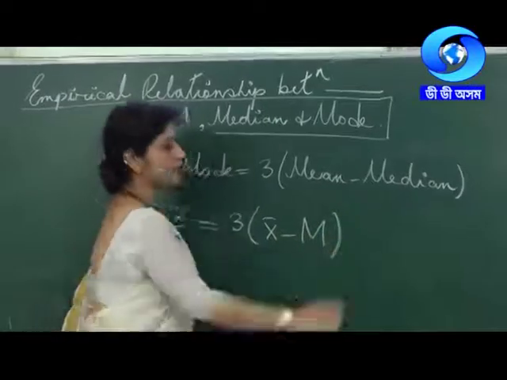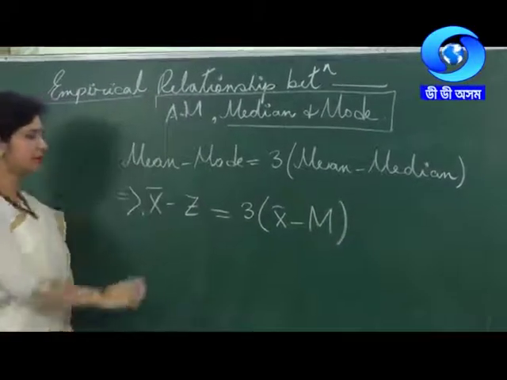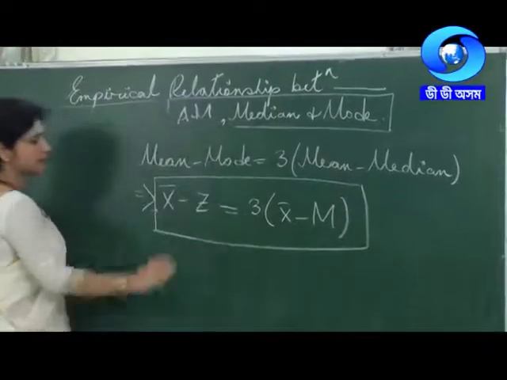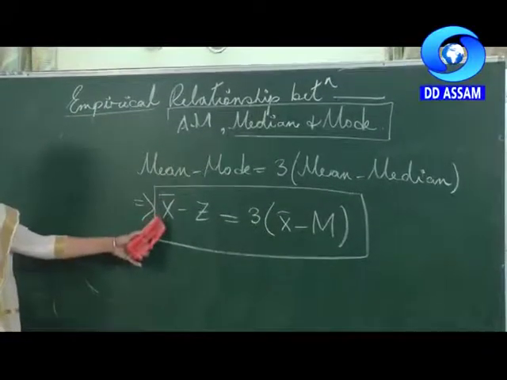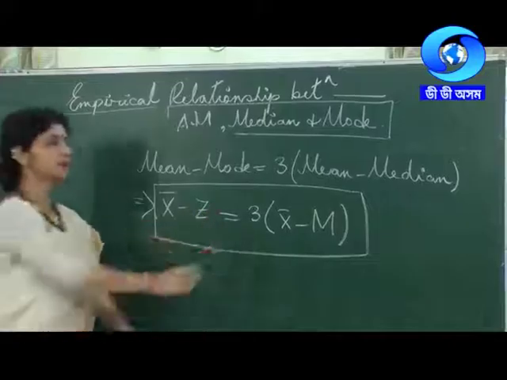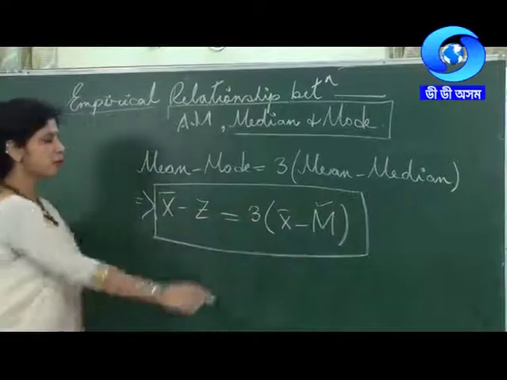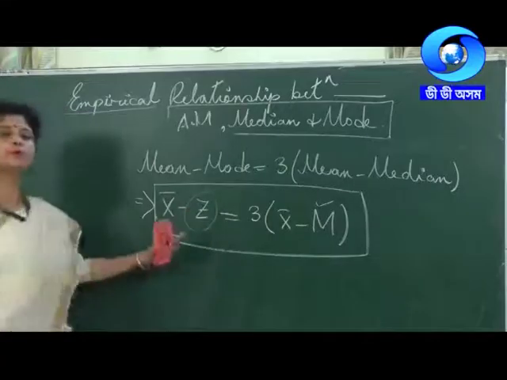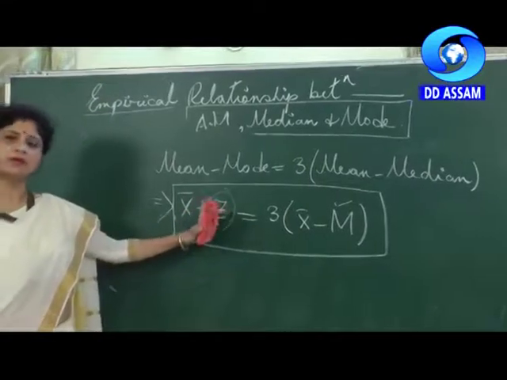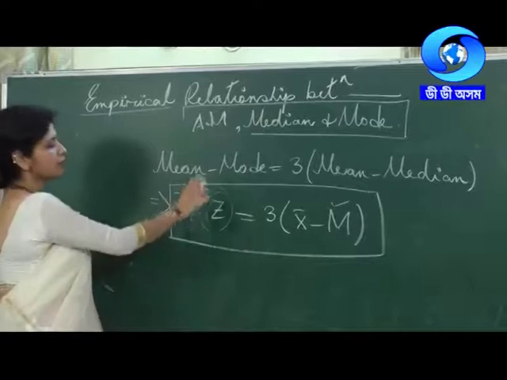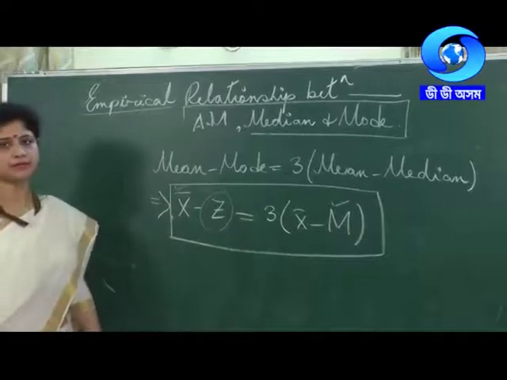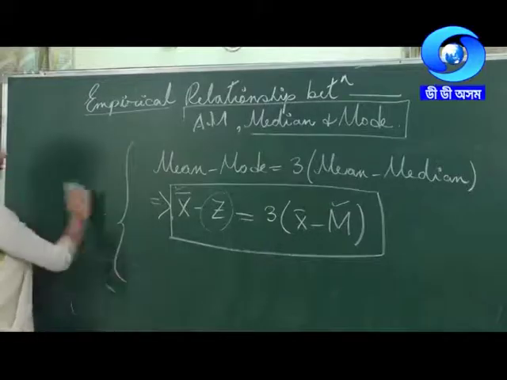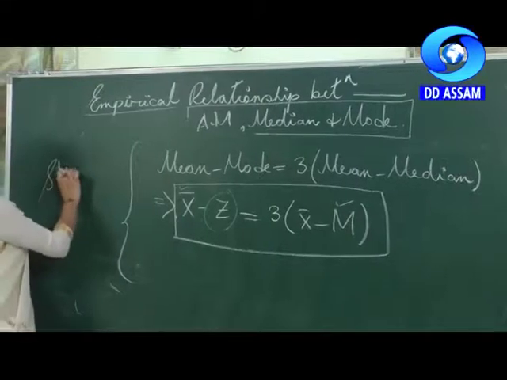All right. So if you know any two of the measures, say either mean and mode, you can find out median. If you know median and mean, you can find mode. If you know median and mode, then also you can find arithmetic mean, and this holds for a skewed distribution.